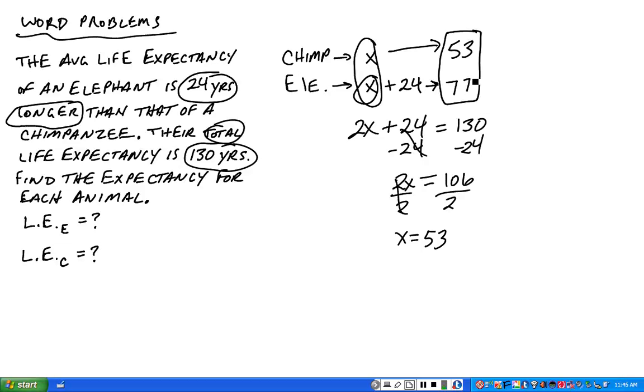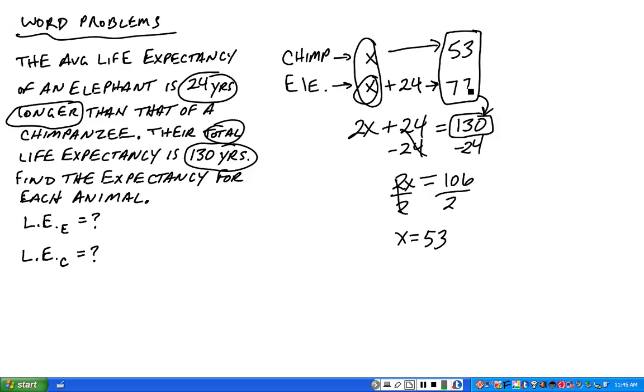Make sure the information we've written makes sense. So 3 plus 7 is 10. There's my 0, carry my 1. 1 and 5 is 6, 6 and 7 is 13. So it works. The life expectancy combined of the chimp and the elephant does equal 130 years.